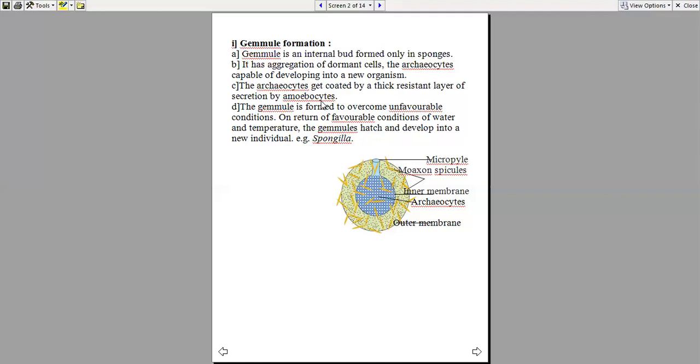So under unfavorable conditions, gemmule formation takes place, and this formation takes place by secretion of a thick layer by these amoebocytes.